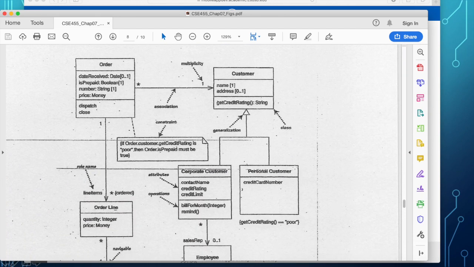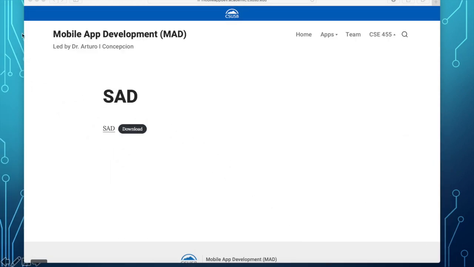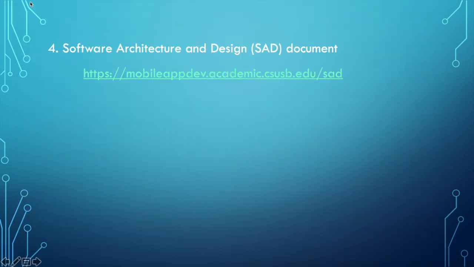Here it is. Let me start with showing you the article on reverse engineering.